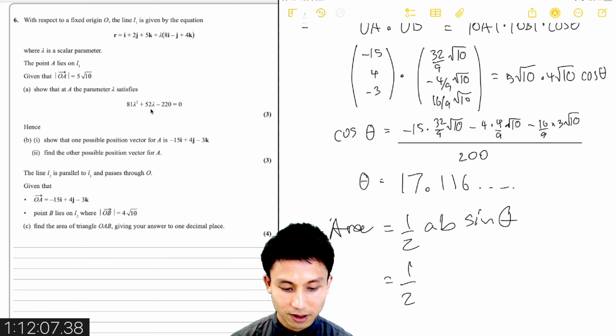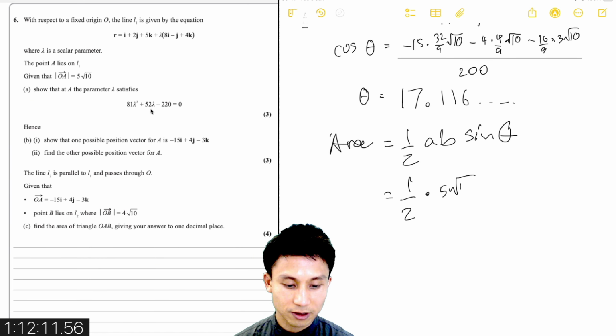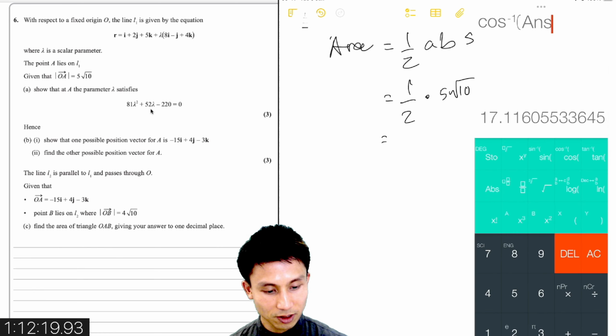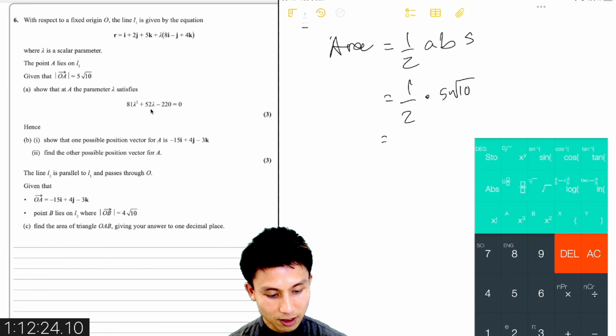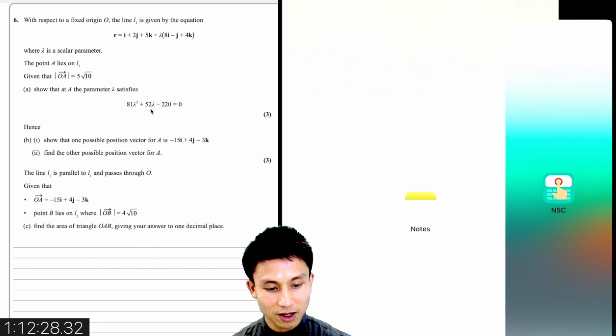OA is 5 root 10 again, OB is 4 root 10, and sine of that theta there. Okay, so where's my calculator? We're going to keep this angle, and then 0.5 times. So that becomes 200 again, right, guys?